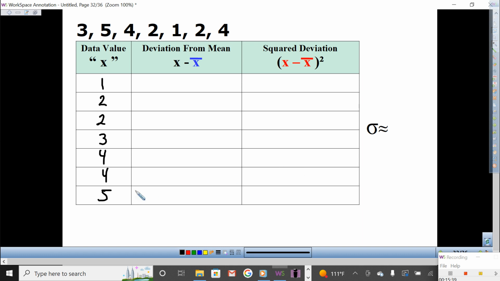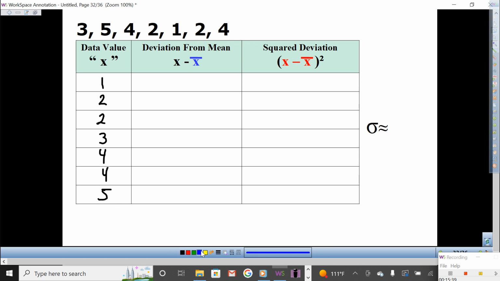Next, tell your neighbor how to find the mean of this. All right, so find me the mean, and underneath, instead of writing the word mean, I want you to write X with a little bar above it. From now on, whenever I show you X with a bar above it, that is the mean.